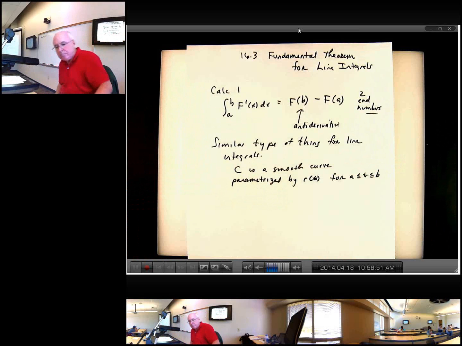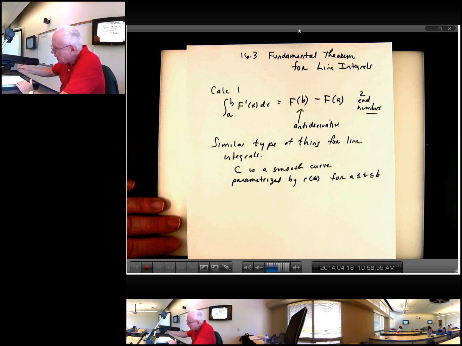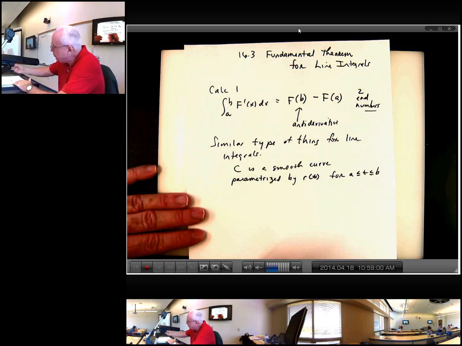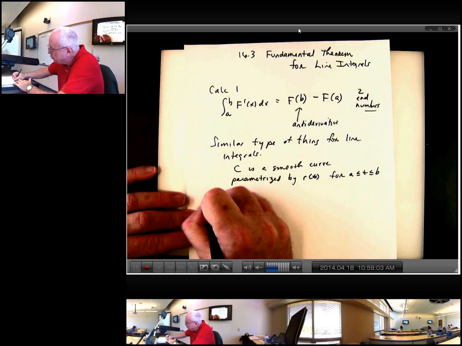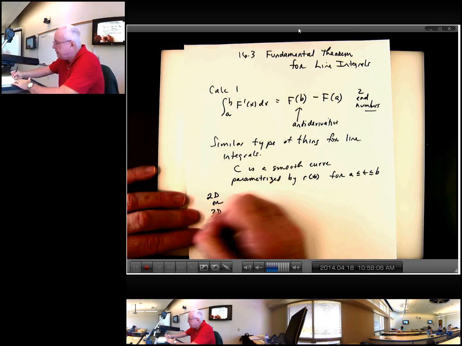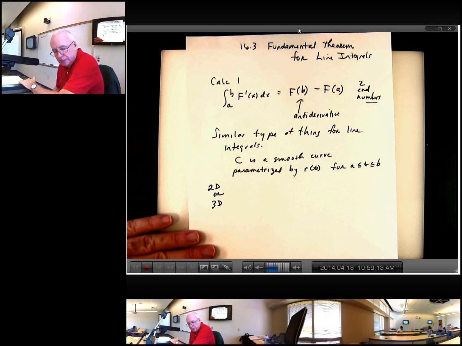All right, and let's say we can either here talk about 2D or 3D. It's going to be the same. You can just extend it to one more dimension for 3 dimensions.